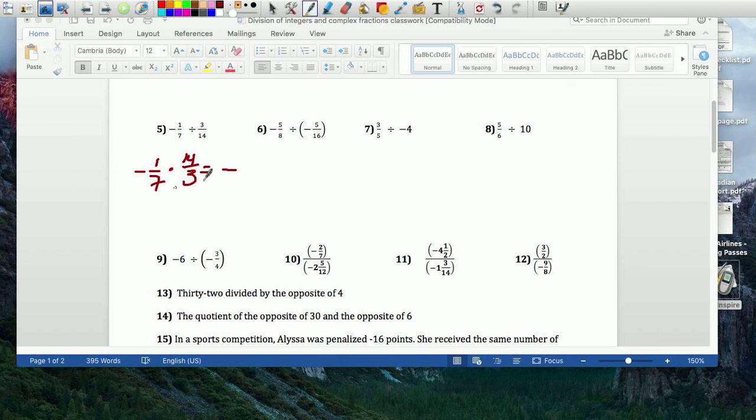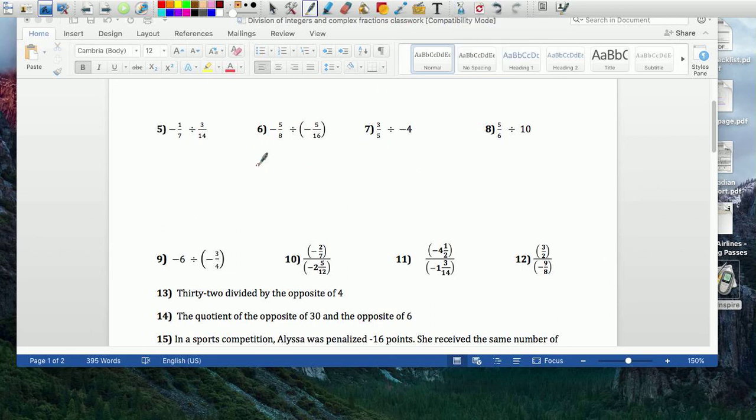Is there anything I can simplify before I multiply? 7 and 14. 7 divided by 7 is 1. 14 divided by 7 is 2. And that's it. 1 times 2 is 2, 1 times 3 is 3, so you get negative 2/3. Now, that's the same thing as this, which is the same thing as this, because the whole thing is negative, right? So any of the three answers are fine.